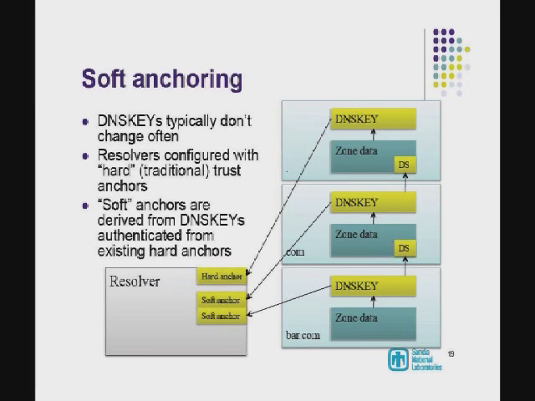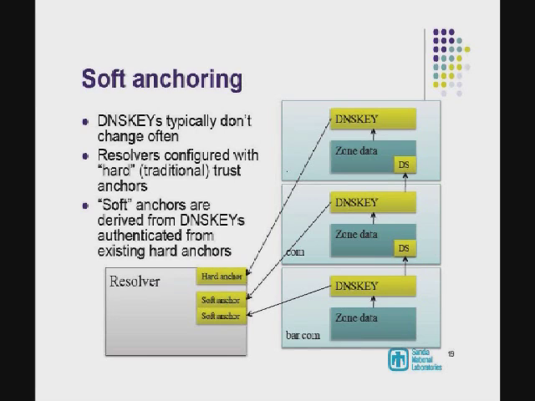But they're not changing too often. And so if we take resolvers and the trust anchors that they typically use, which we refer to as a hard anchor, from that hard anchor we derive what we call soft anchors, and those are DNS keys further down in the ancestry that are authenticated from existing hard anchors using the chain of trust.